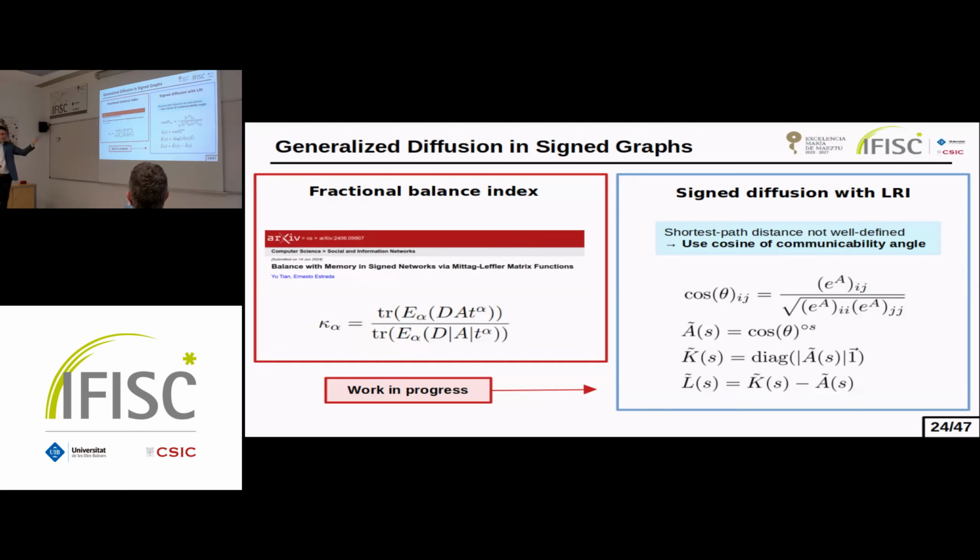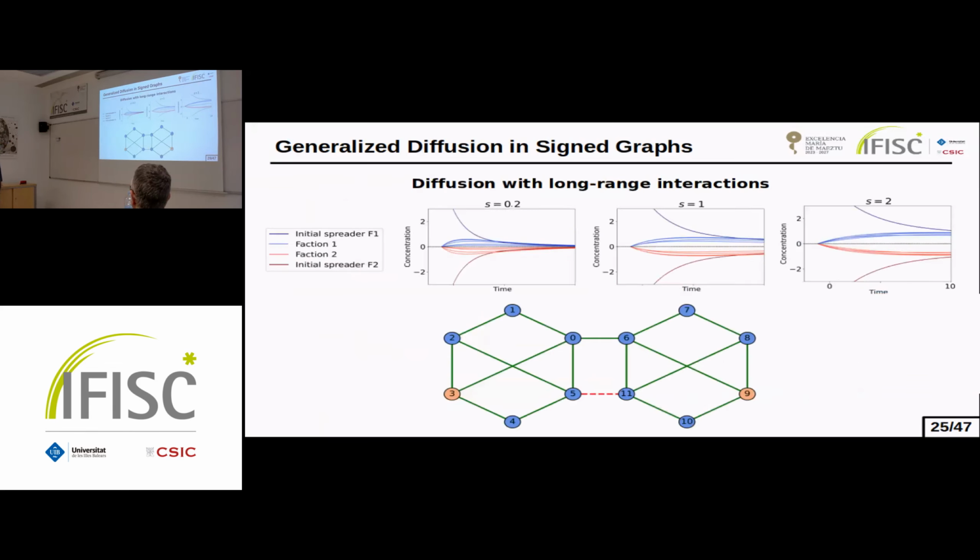Here we use the communicability angle because the shortest path distance, as I said before, is ill-defined in a signed network, and therefore the results would not be consistent. If we identify this matrix with the effective adjacency matrix and include a parameter S to control the strength of the long-range interactions, we can define again an effective Laplacian and look at the dynamics it induces.